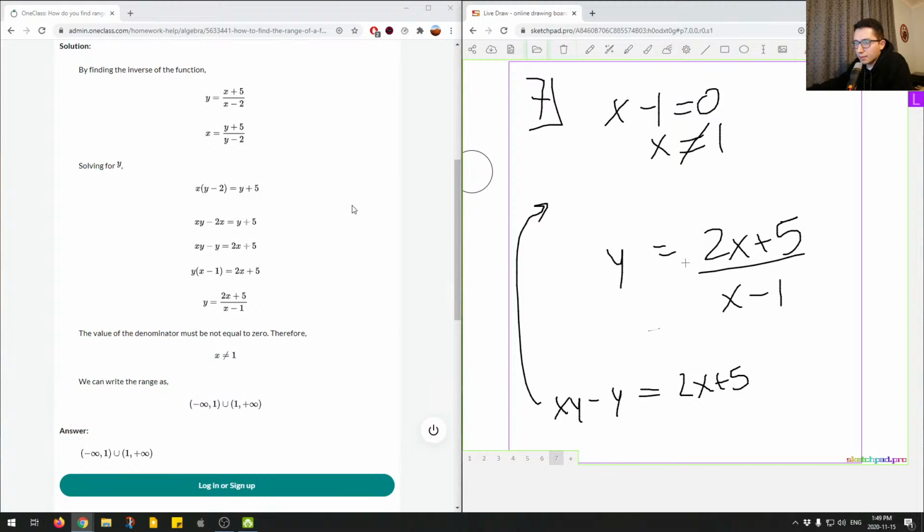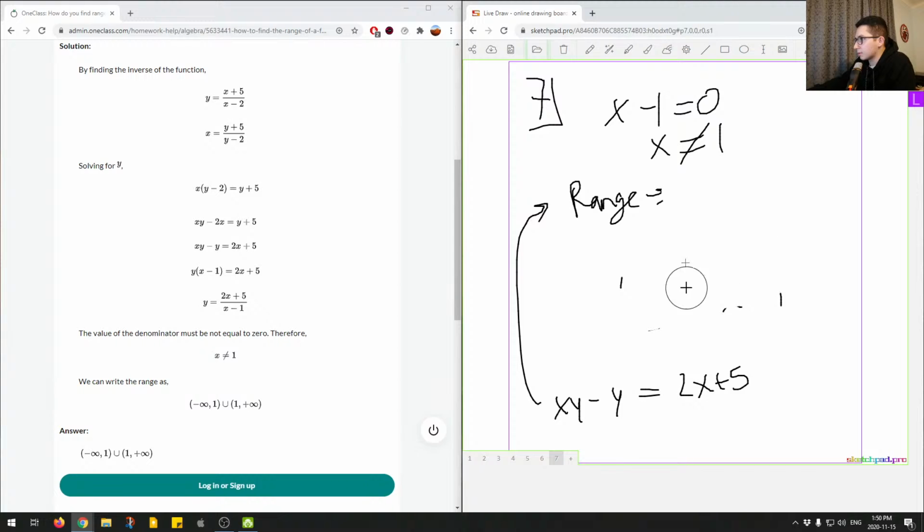So just looking at the Junior Tutor's answer here, we can see that because x does not equal 1, they go through the same process and end up with the same answer. My bad, let me write this a little better.